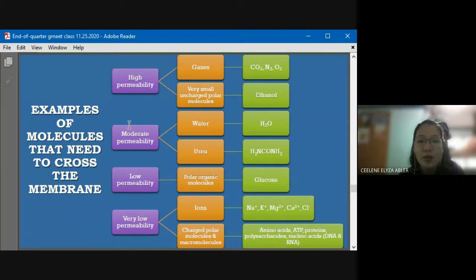Okay? So permeability for water requires transport proteins called channel proteins, whose special name is aquaporins. We have 17 or 21 types throughout your body.